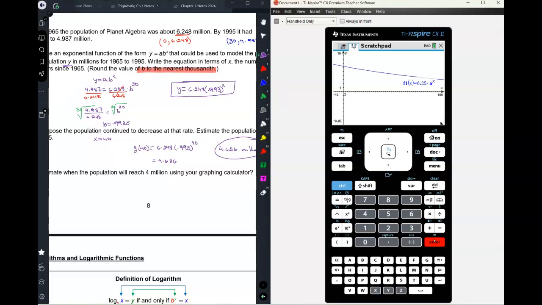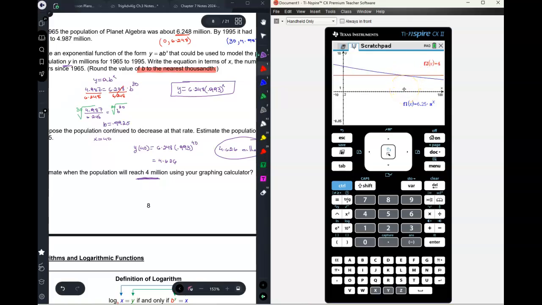So it says estimate when the population will reach 4 million. If you want it to reach 4 million, let's go to tab. In F2, we're going to type in 4 for 4 million. Enter. Okay, so do you see how there is clearly an intersection there? I'm going to move these away, and I'm going to find that intersection.